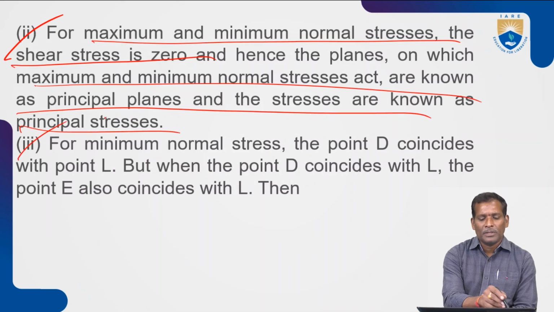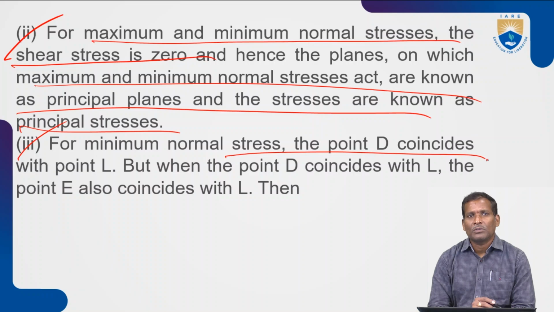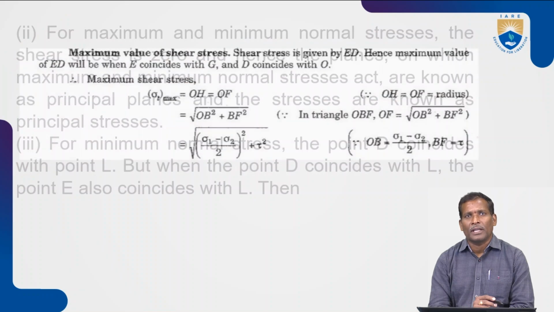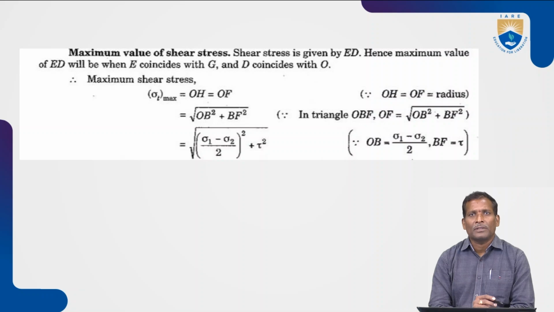For minimum normal stress, the point D coincides with point L. When D coincides with L, the point E also coincides with L. Then the maximum value of shear stress you can calculate; the shear stress is given by ED.